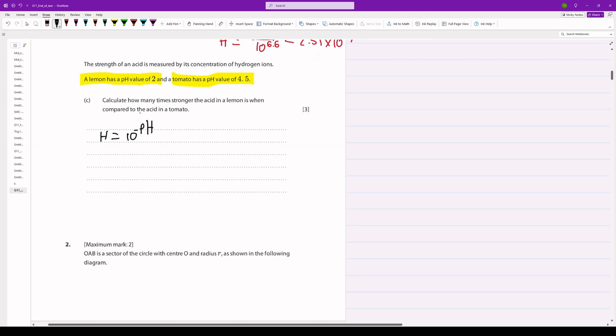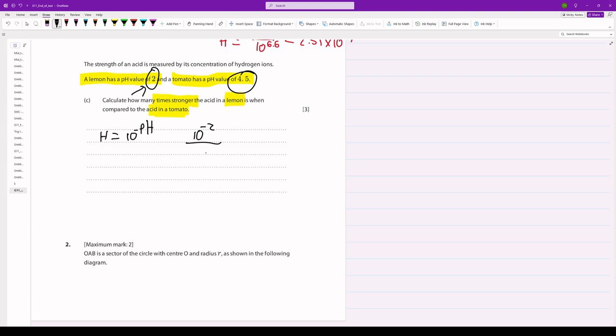So because I know this is true, and I would like to know how many times stronger is the lemon compared to the acid in the tomato, I'm going to do the lemon one divided by the tomato one. So 10 to the power of -2, because a lemon has a pH of 2. Read the question.